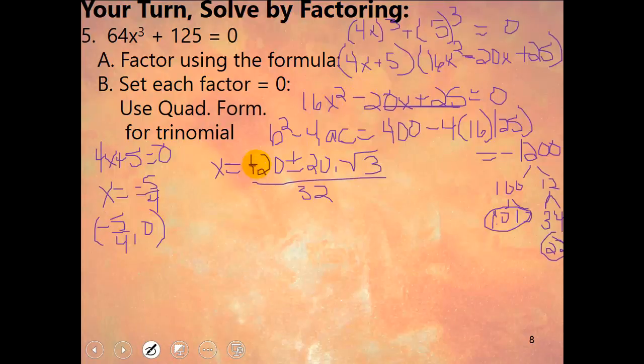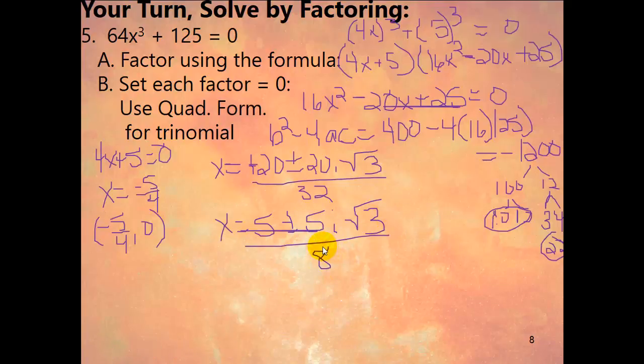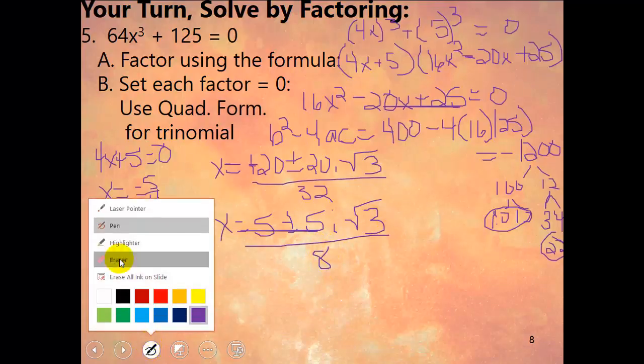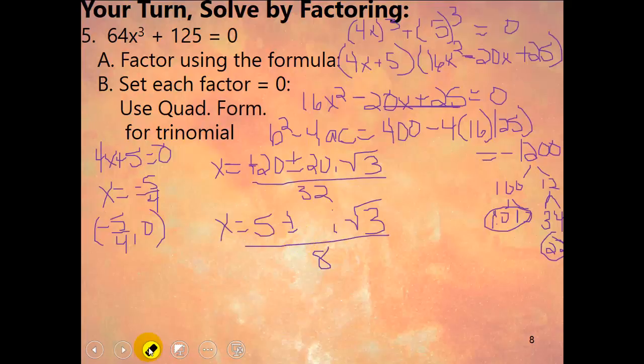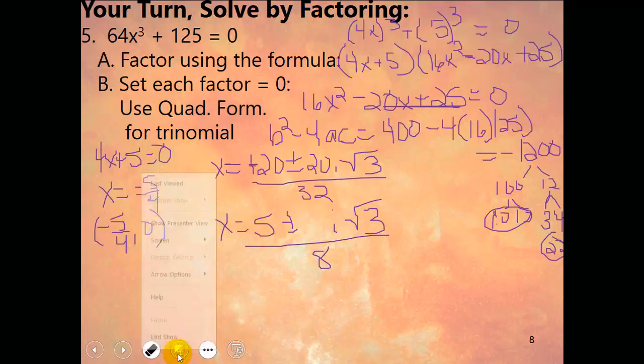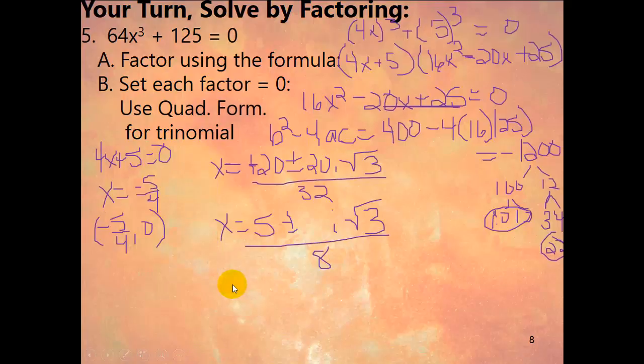And that makes that a positive. Okay, so now I'm going to reduce by 4 on top and bottom, and I get x equals 5 plus or minus 5i root 3 all over 8. There we go. And these are our two complex.